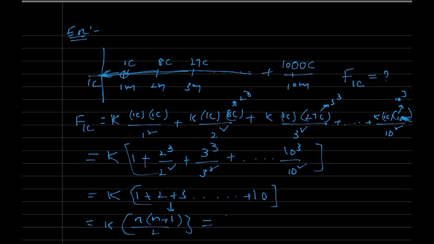So K into 10 into 10 plus 1 by 2. How much am I getting? I'm getting 55K. So this is my answer. If you still want a numerical answer, you need to substitute the value of K. K is how much? 9 into 10 to the 9. If you substitute that value here, you will get the final answer. So 55K is the answer in our case.